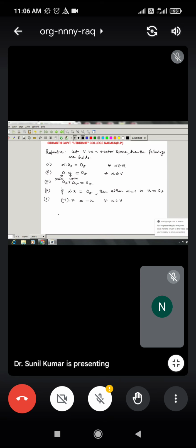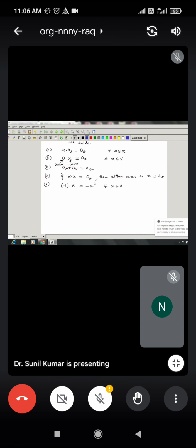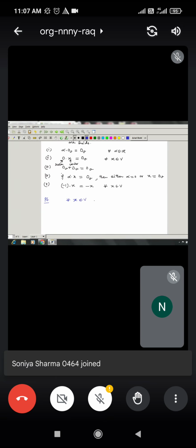One result which is very important and very helpful for these properties: for any x in V, take any vector in V such that x plus x is equal to x.